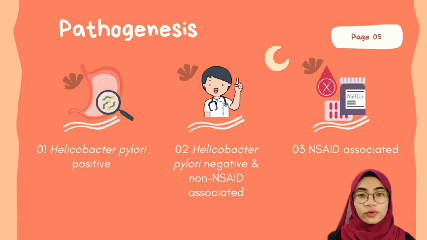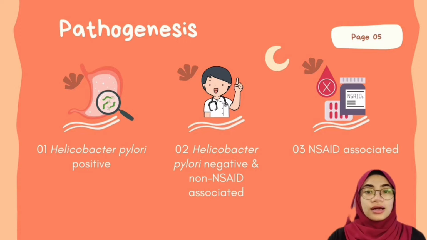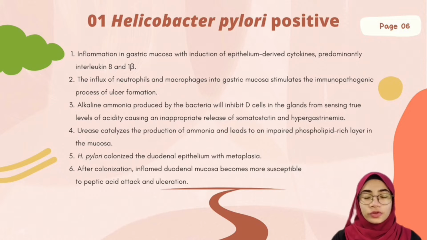The first one is Helicobacter pylori positive, the second one is Helicobacter pylori negative and non-NSAID associated, and the third one is NSAID associated. The Helicobacter pylori bacteria can cause inflammation in the gastric mucosa with the induction of epithelium-derived cytokines, predominantly interleukin-8 and interleukin-1 beta.